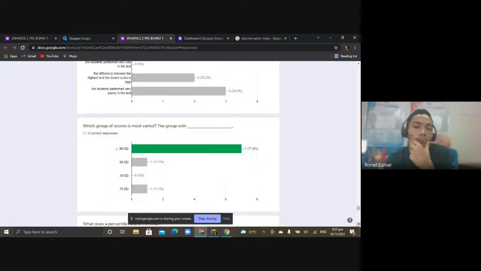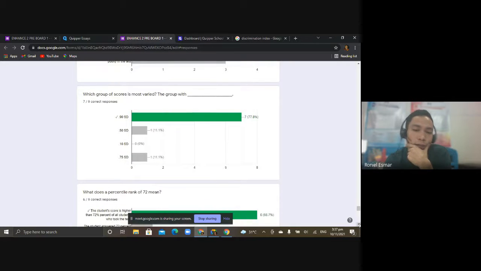Next, which group of scores is most varied? The group with 0.90 standard deviation? What can we unsa dapat pasabot sa standard deviation in identifying the dispersity of the student scores.